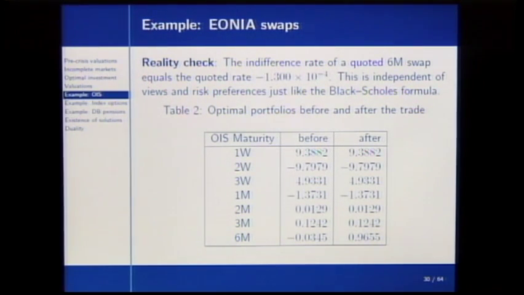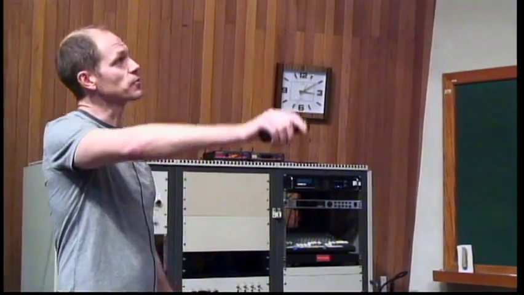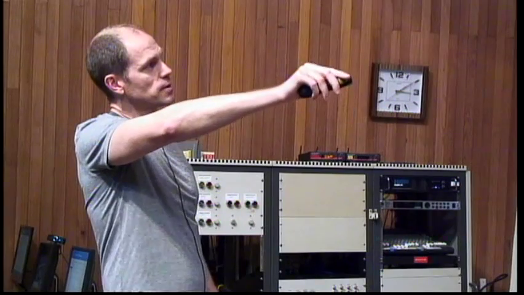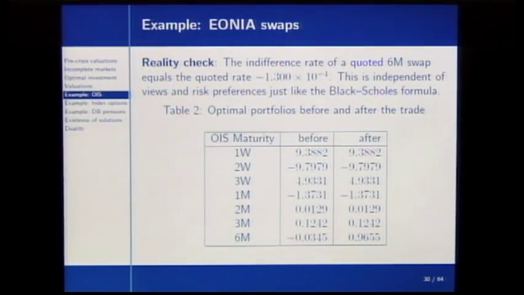Here are the results. What it says is that the indifference swap rate is exactly the quoted 6-month swap rate for the swap. And that's exactly what the first theorem said, that if you have something which is replicable, then the indifference swap rate should be exactly the replication cost. And if you look at the portfolio, this is the optimal portfolio before we enter the swap, and this is what the optimal portfolio looks like with the swap contract.